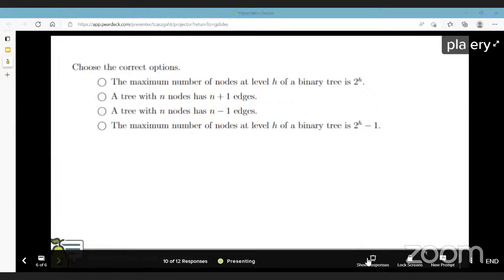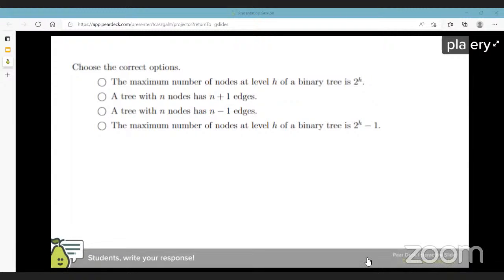The first statement is saying the maximum number of nodes at level h of a binary tree is 2^h. Let's take as an example a binary tree of 3 levels. The topmost level is 0, then after that the first level, then second, then 3.